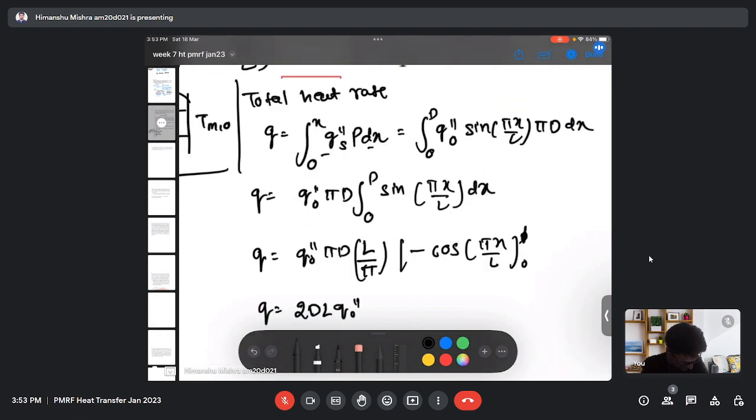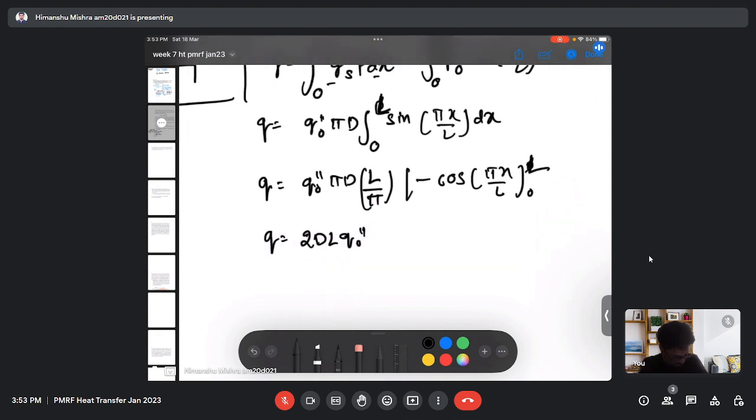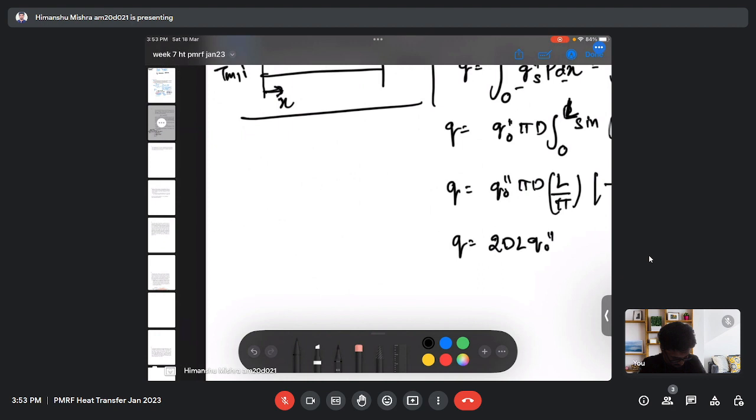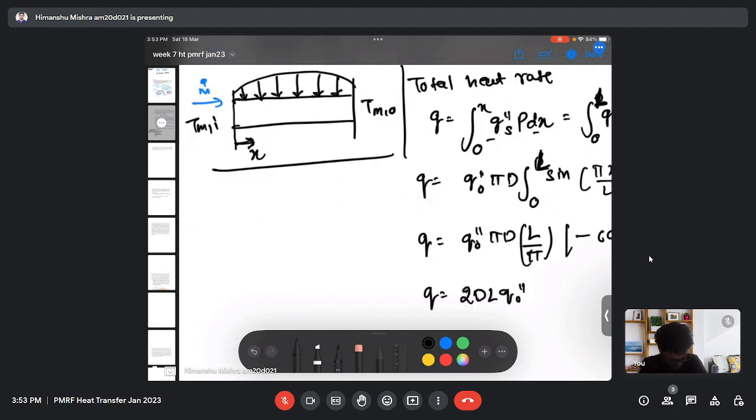Sorry, it will be L. So this is my total heat transfer because I am integrating from x equal to 0 to x equal to L.